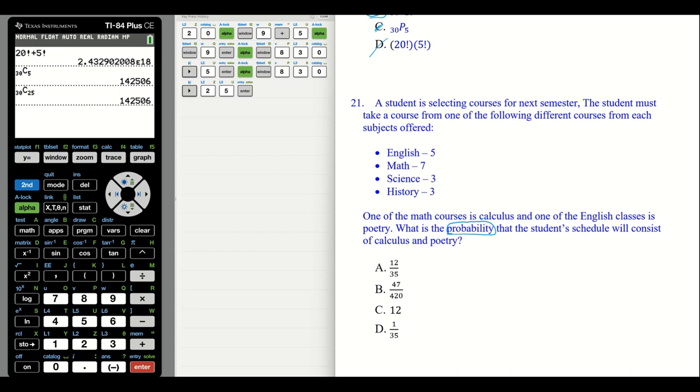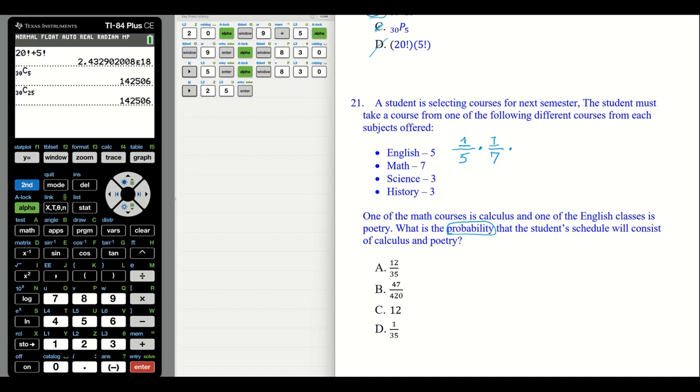One English. So the English will be 1 out of 5 times. And the math, did they specify math? English, calculus, and poetry. Okay, calculus. That is 1 out of the 7 times.